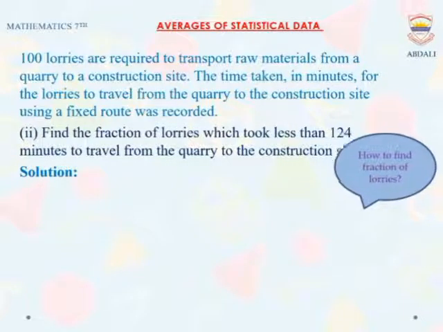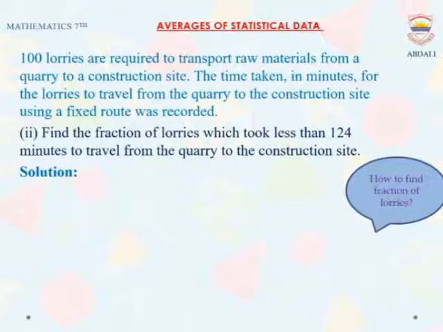Firstly, we will see how to find the fraction of lorries. Can you think about it? We have to find the fraction of lorries only for the lorries that took less than 124 minutes. This is exactly like probability.